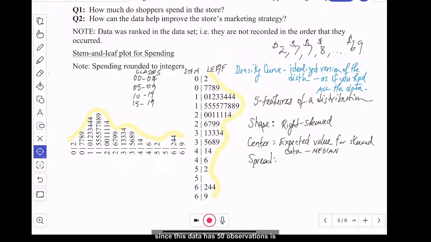Since this data has 50 observations, an even number, there will be 2 observations in the middle. I'm not going to get into that so much because I'm not going to teach about the median, but you need to know the difference. Okay, you need to know the difference. So for expected value, we don't use the mean, we use the median.